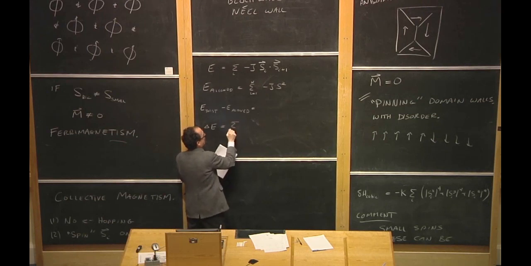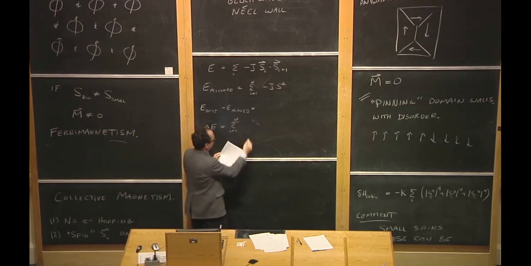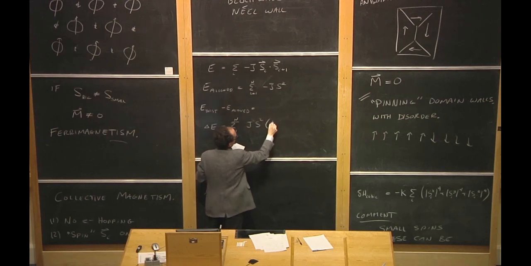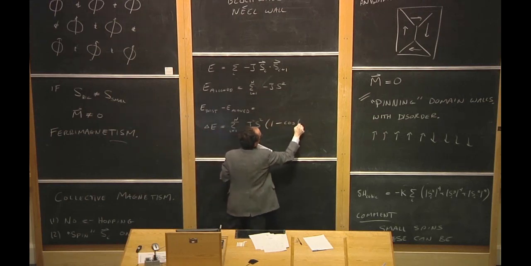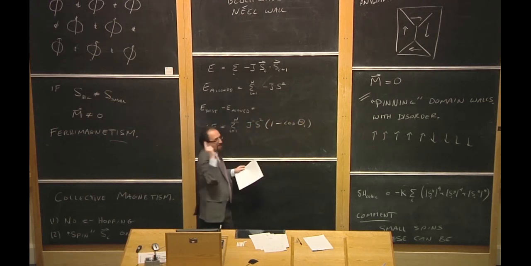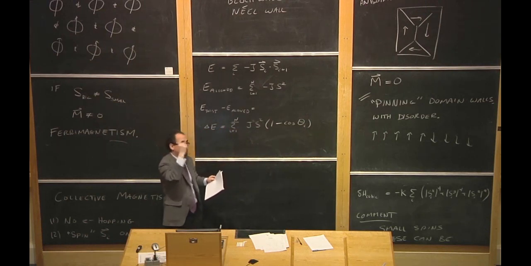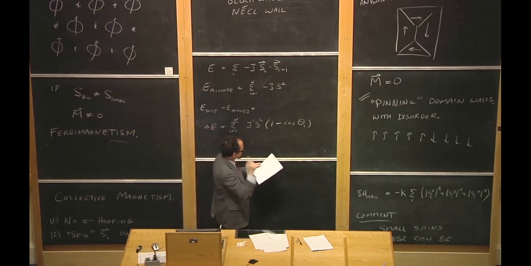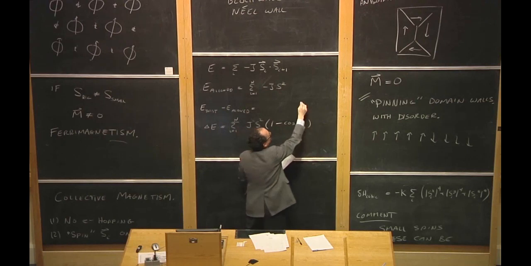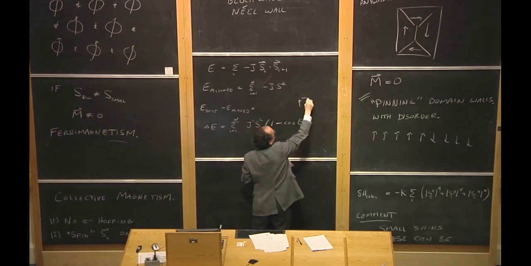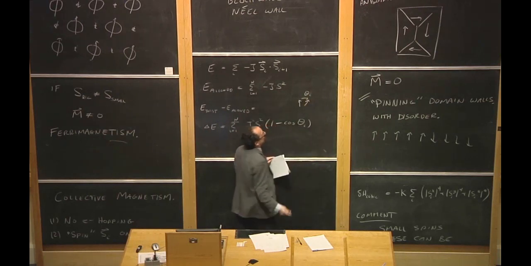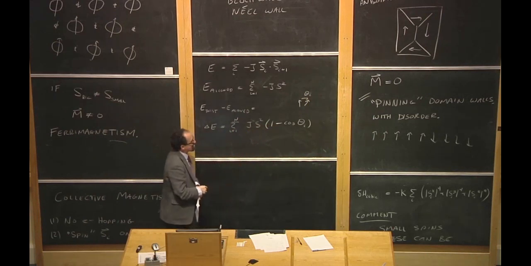That will be the sum over i equals 1 to n of J S squared times 1 minus cosine of theta_i. So for each time you twist the spin a little bit, you have to pay this cosine energy. Theta_i is the rotation of the spin from one step to the next.